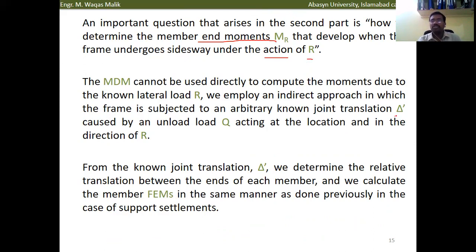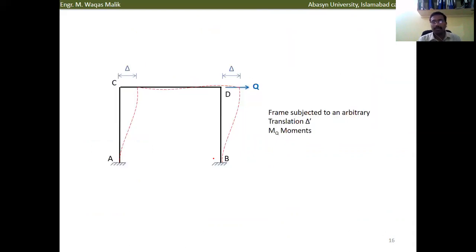Let's call this translational movement delta prime or delta dash, and assume that this value of delta dash is caused due to the load Q acting in the direction of R. And after we know the values of this delta, by using the relative translational bending moments or finding the fixed end moments that we performed using similar steps, we got to know the value of Q as well. So that is the value of Q. That's why we are going to apply the Q value as well in the structure.